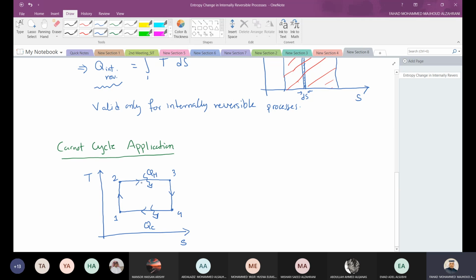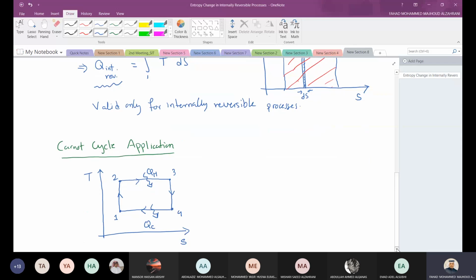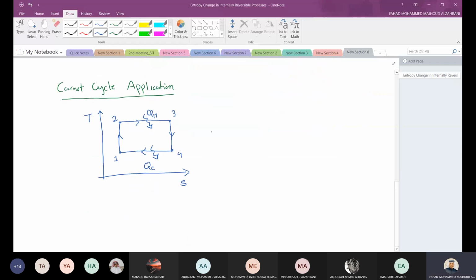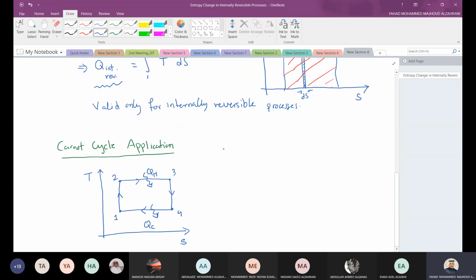Let's calculate the efficiency. Let's derive the efficiency using the area definition we just had here. Did you understand what we want to do? I want to calculate the efficiency. What's the efficiency for this cycle? Output over input. Where is the output?